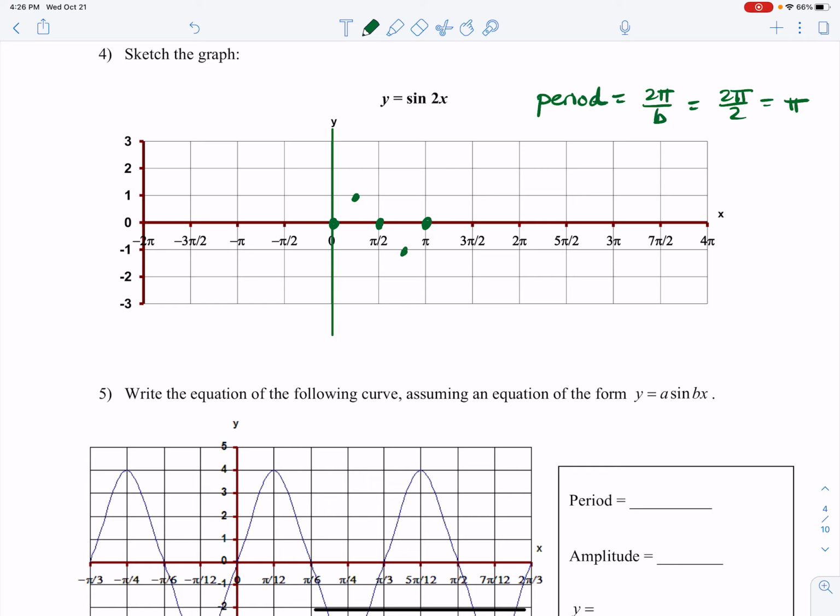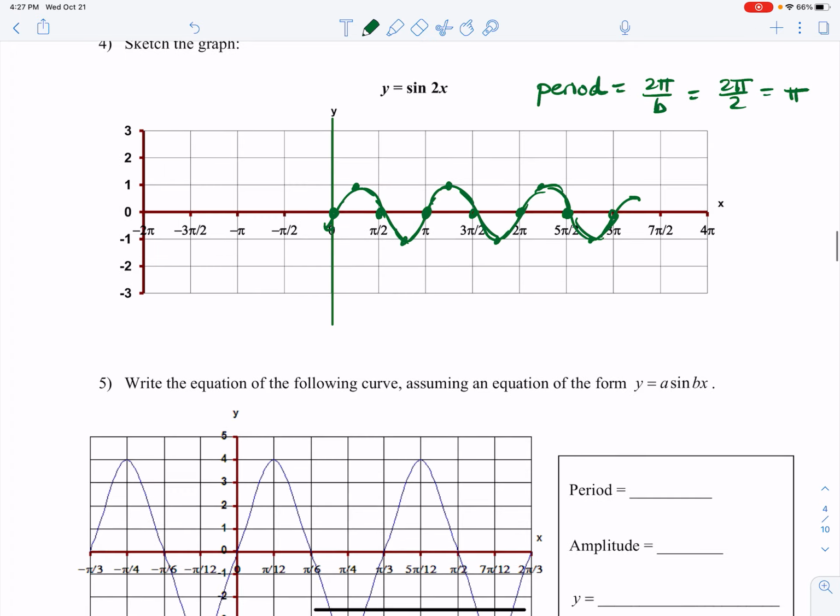I'm going to draw a couple more swings of this just so we get the full effect. Up, down, up, down. There's my graph, and it's just going to keep on going. So there are a couple of periods of sine of 2x. Whenever your angle is multiplied by something, that affects how often it repeats.